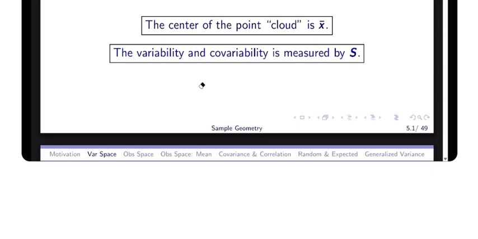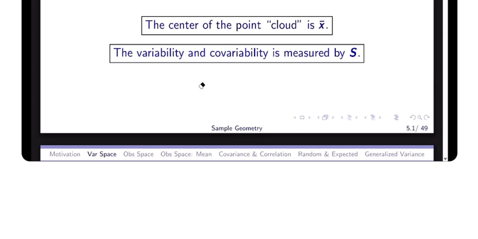We also expect the mean, if the average is actually representing a data set, to be very close to the other observations. If I want to measure that, I'm talking about variability. So as I said, variability and covariability will be measured by S, because when I say variability, there's going to be variation within a particular variable under investigation.